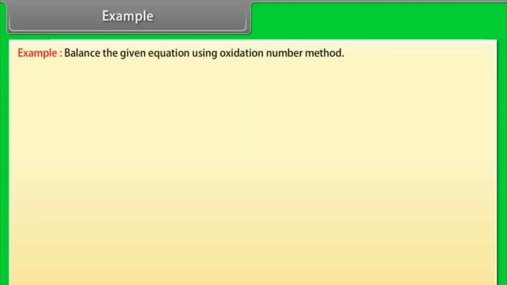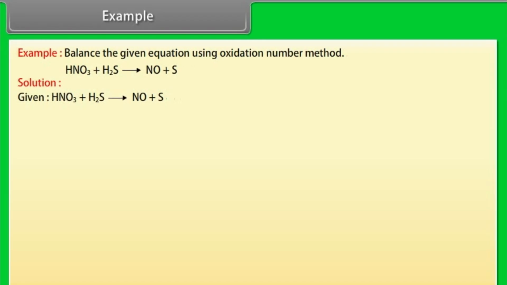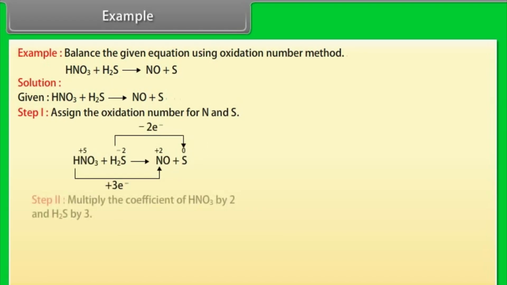Example. Let us take an example of balancing the equations. Balance the given equation using oxidation number method. Let's see the solution. Here, the given equation is HNO3 plus H2S gives rise to NO plus S. Step 1. Firstly, we assign the oxidation number of N and S. Step 2.